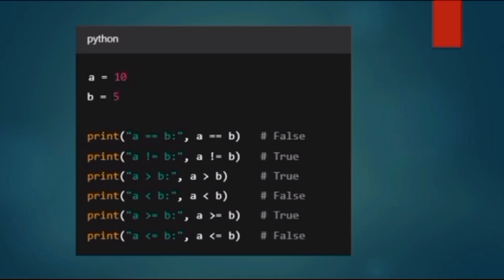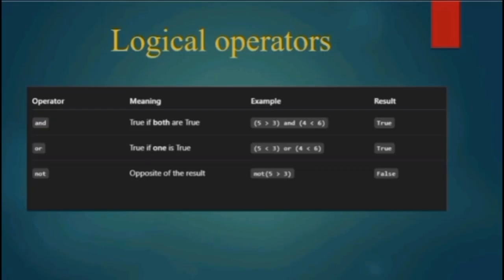If the condition is true, it returns true. If the condition is false, it returns false. So these operators help in decision making in programs, allowing the conditions to be checked before executing certain actions.